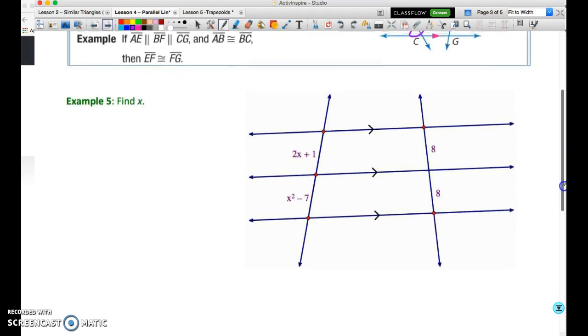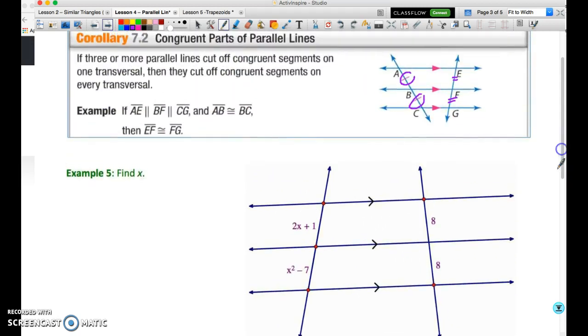Now we're going to do our final example, which is going to use this theorem. If we've got 3 parallel lines, they have cut off one of the transversals into equal pieces. In other words, the ratio of those 2 pieces is 1 to 1.